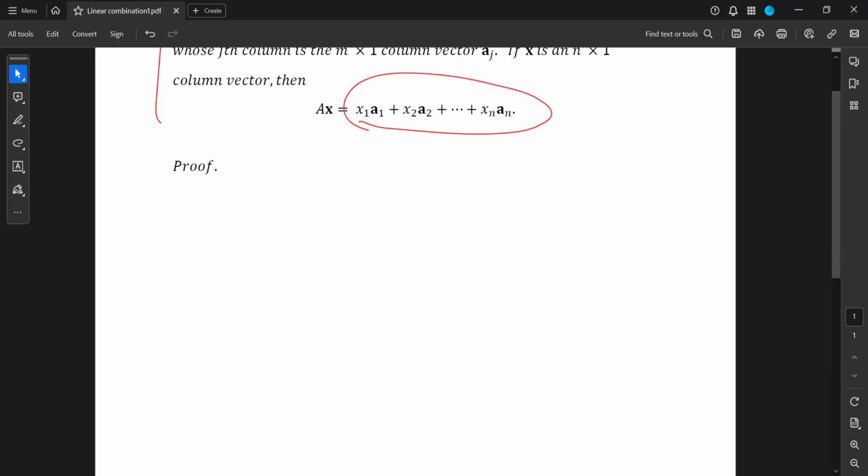Let's prove it, starting with the definition. What does the object Ax mean?